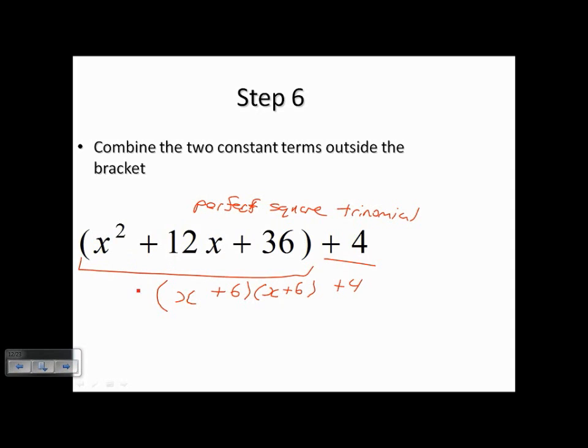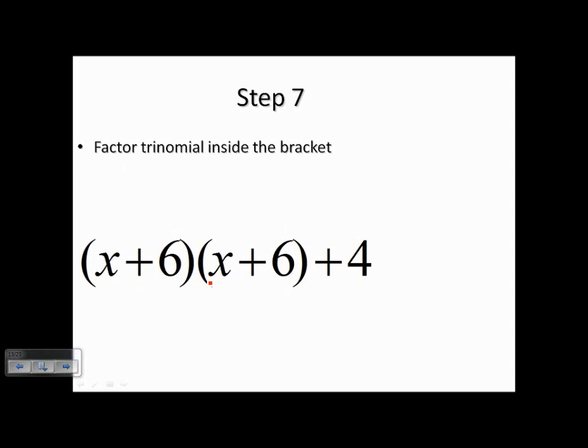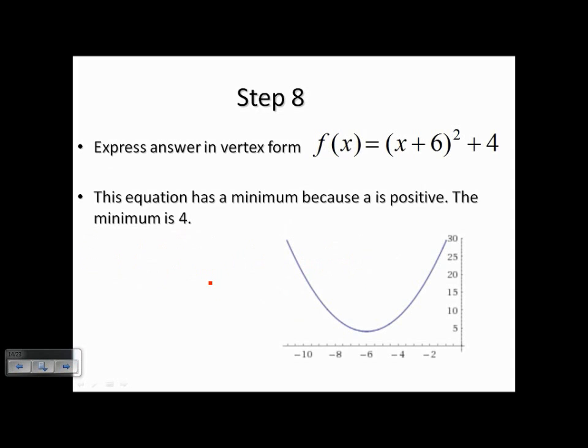How did I know that it was going to be x plus 6, x plus 6? Well, we put this 36 here so that it would become a perfect square trinomial. So I've factored, and I've got my last answer.